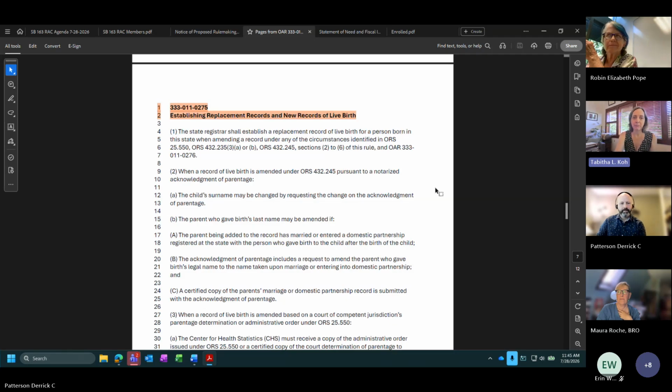So I think in Big A, it's covered by a domestic partnership registered at the state, but in other places, like in Big B, it should say the name taken upon marriage or entering into a registered domestic partnership, because we're talking about something that has a legal effect of, in Oregon, everything but the name of marriage under state law, right?